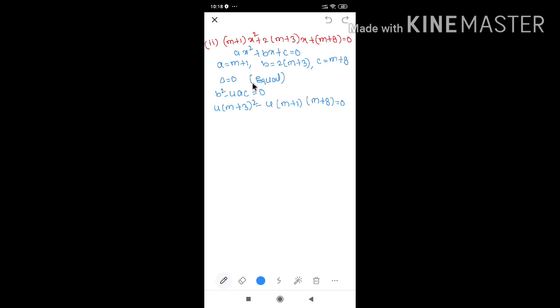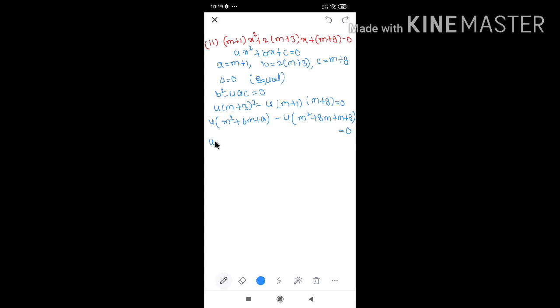To get 2 marks in board exams, each and every step we need to write. For this delta is equal to 0, delta we need to write as b square minus 4ac is equal to 0, and those values also you need to replace. 4 times of m square, 3 2s are 6m, 2ab plus 3 square 9 minus 4 into multiply m square plus 8m plus m plus 8 is equal to 0.